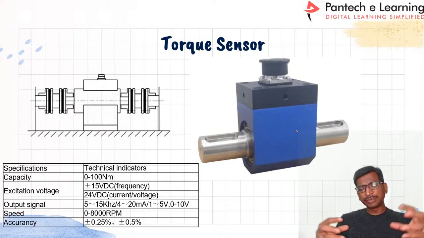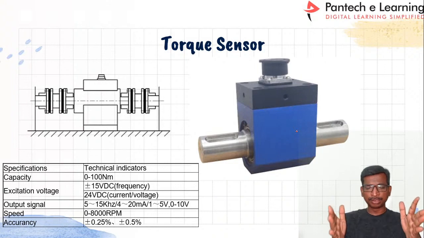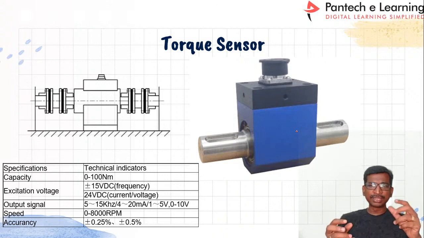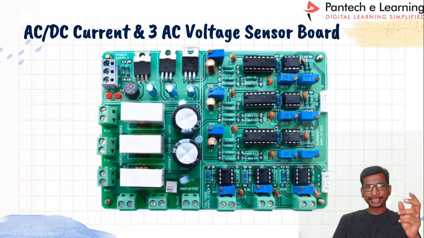This sensor is kept between the motor and the load, so whatever stress is available on the shaft can be measured via this sensor, right?